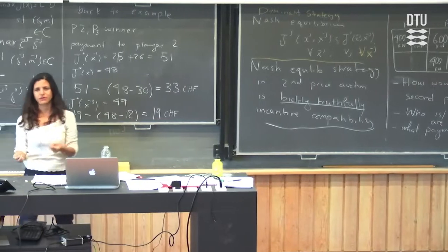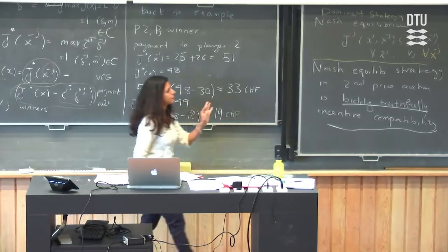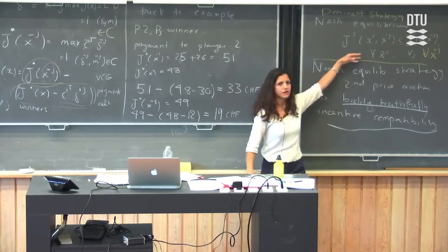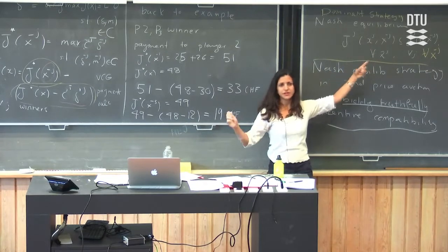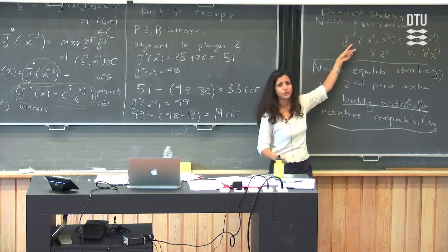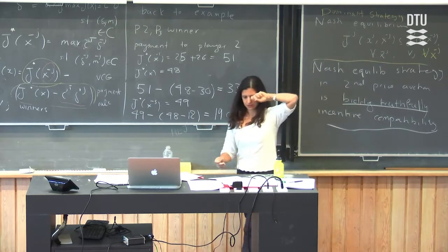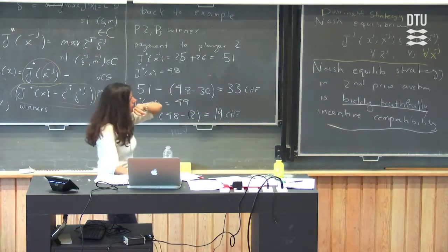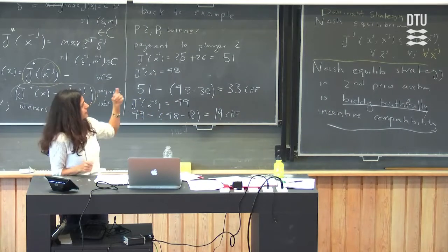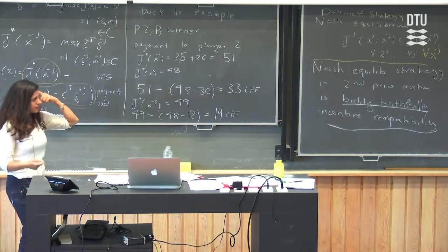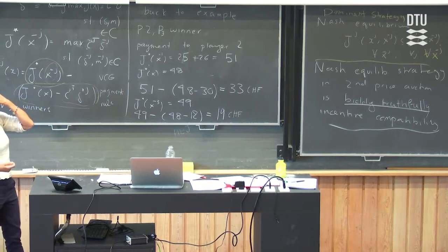And this is a really strong result, okay? You don't even need to think that there's a game. As long as you bid truthfully, you're maximizing your profit in VCG, okay? So it's a strong property. And the proof of it is also in your notes: why truthful bidding is a dominant strategy in Nash equilibrium.